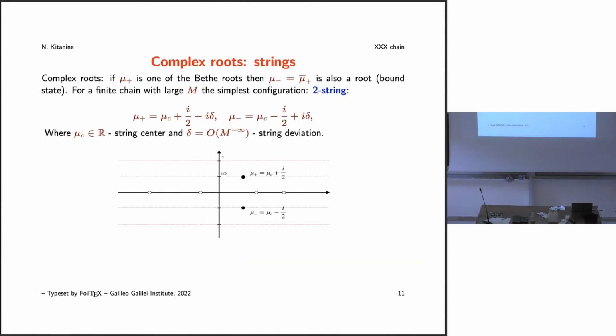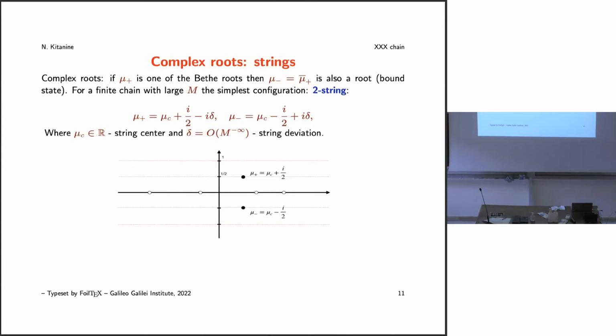Strings have conjugate pairs at distance exactly i. Well, not exactly, you can have some string deviation, but it decreases exponentially rapidly with the size of the chain. So mostly this correction is really small, and we can consider this just a block with a distance of i in the thermodynamic limit. So this is a 2-string. That exists in both pictures, the string picture and the Destri-Lowenstein picture.